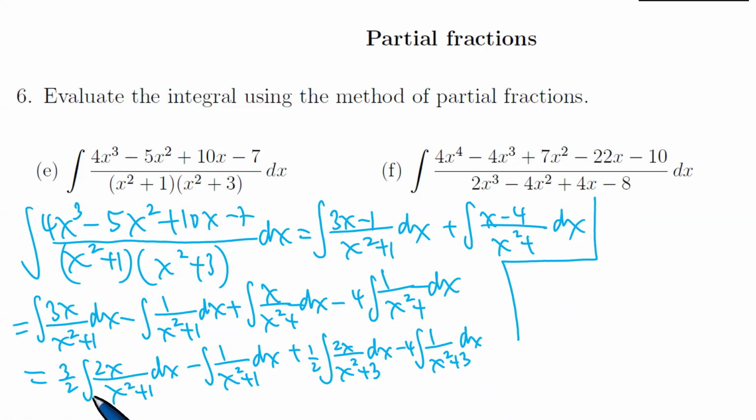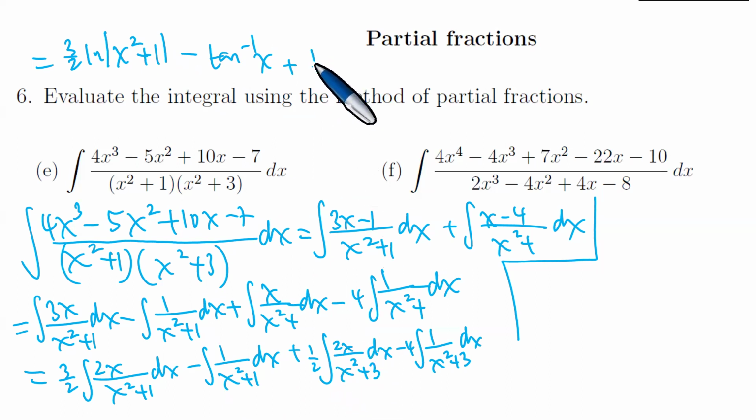In the part E, this one is going to be 3 over 2 ln of x squared plus 1, minus arctan of x, plus, this one is the derivative of this, so it's 1/2 ln of x squared plus 3.